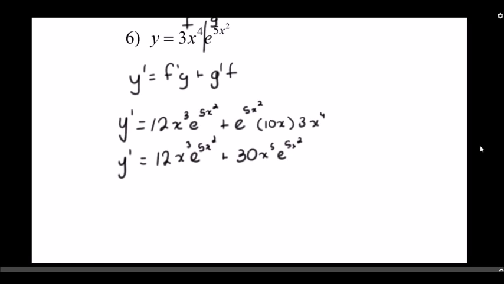Now looking at terms that can be factored out, we definitely have an e to the 5x squared in common. Between 12 and 30, you can factor out a 6. And between x cubed and x to the fifth, you can factor out an x cubed.